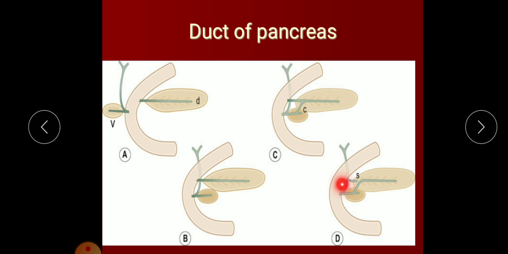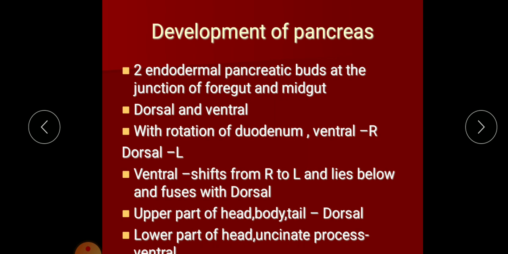In the minor duodenal papilla, the minor pancreatic duct is opening. So which part is forming the minor duct? It is the proximal part of the dorsal pancreatic duct that is coming and opening into the minor duodenal papilla. Fine. So that is how you get the duct system of the pancreas.